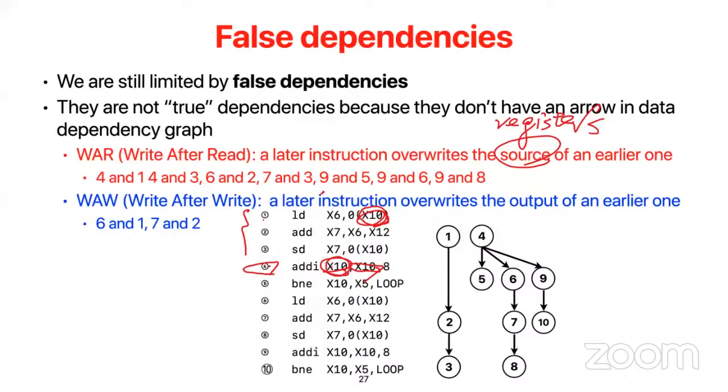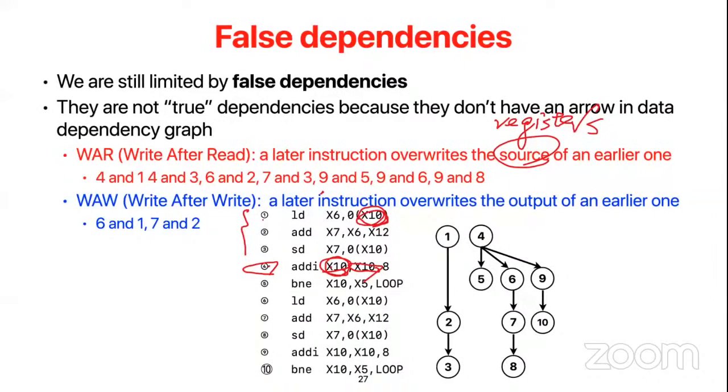If you don't finish your instruction decode stage for 1, 2, 3 before the 4th instruction overrides the X10 value, there will be incorrectness for your code. That's why 4 and 1, 4 and 3 have a write after read dependency.